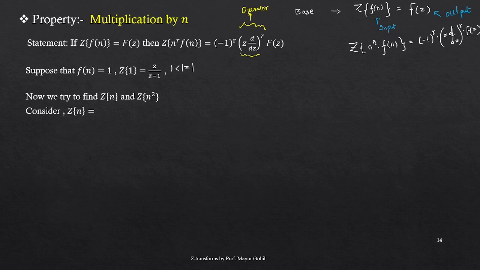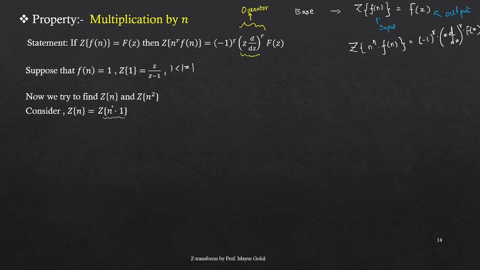So consider Z transform of n. This n can be seen as n into 1. Now you observe that this is basically the format of our property of multiplication by n. Instead of n to the power r, we have n to the power 1.